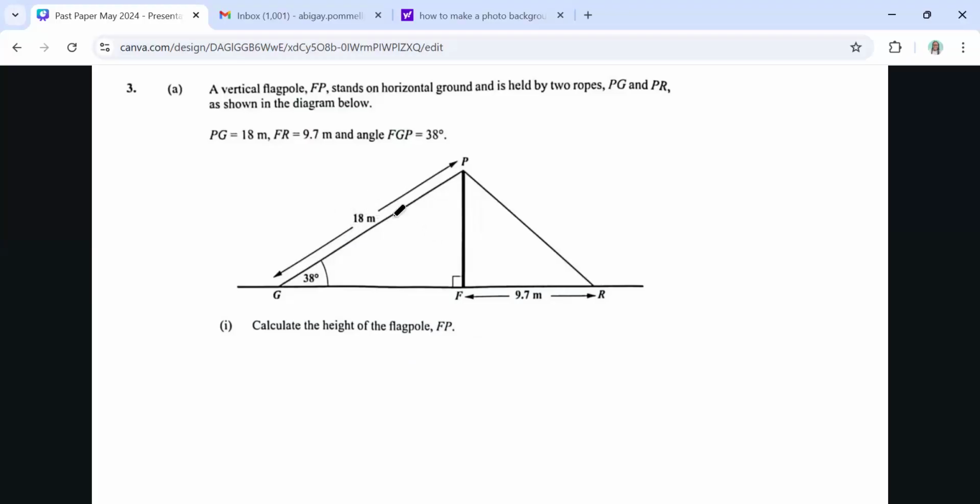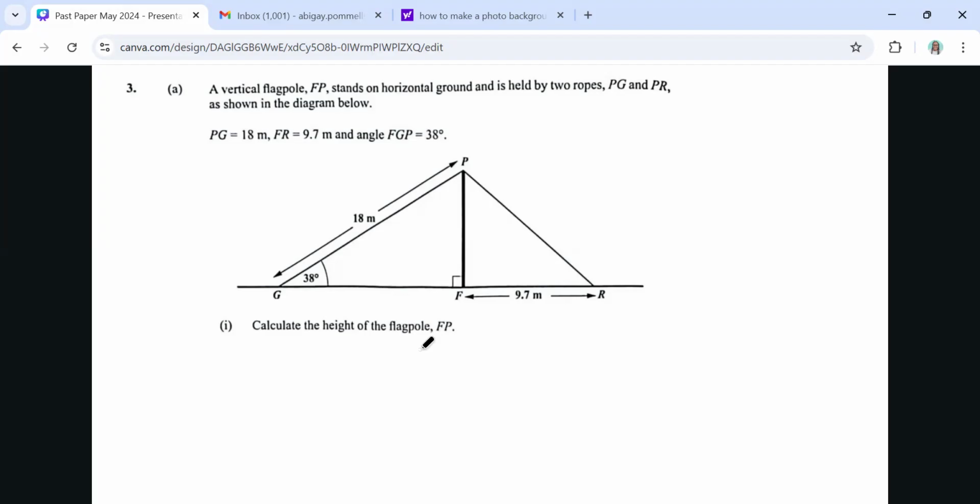The reason why we're using trigonometry is because we only have one side and one angle. If we had 2 sides, we could have used Pythagoras, but since we only have one side and one angle, we're going to use trig.